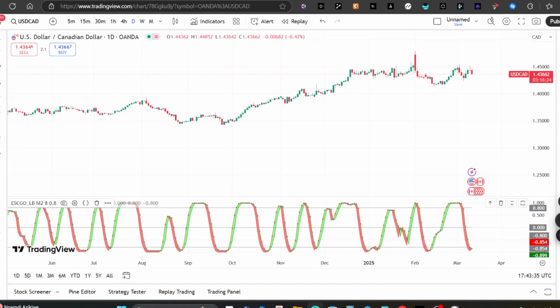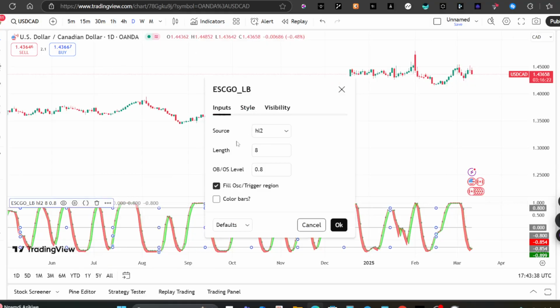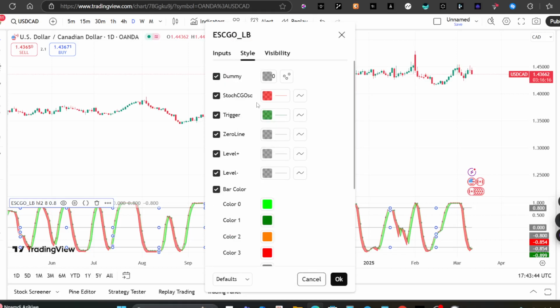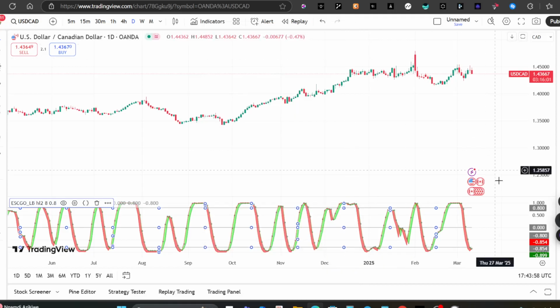Let us just go to the settings. All right, so you can see the trigger, the green line, and we have the Stochastic CG oscillator, which is the red line. So basically, you should also be watching out for crossovers. All right. Once the red crosses above the green, essentially you have a signal.